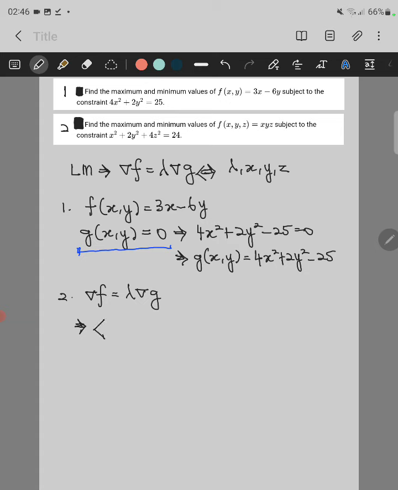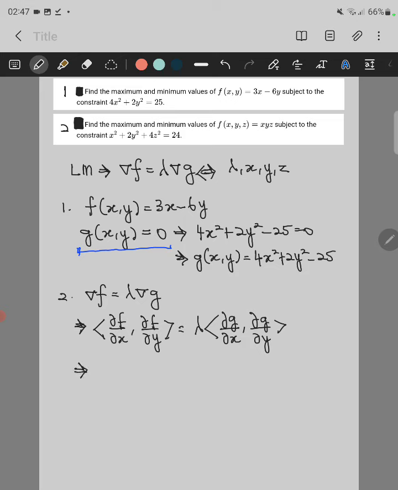I can write this as the vector (delta f/delta x, delta f/delta y), and it equals lambda times (delta g/delta x, delta g/delta y). Lambda here is just a constant, just a value.